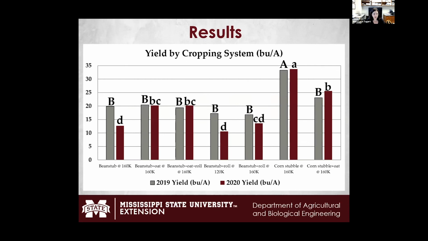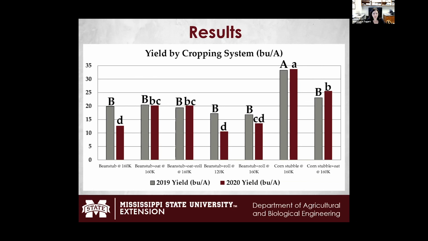The gray bars are 2019 and the maroon bars are 2020. In both years, the clear yield winner there is the corn stubble at the 160,000 seeding rate in 2019, but also 2020. So remember, in 2020, this soybean stubble at 160,000 seeding rate and the soybean stubble at 160,000 seeding rate are the same treatment in 2020.